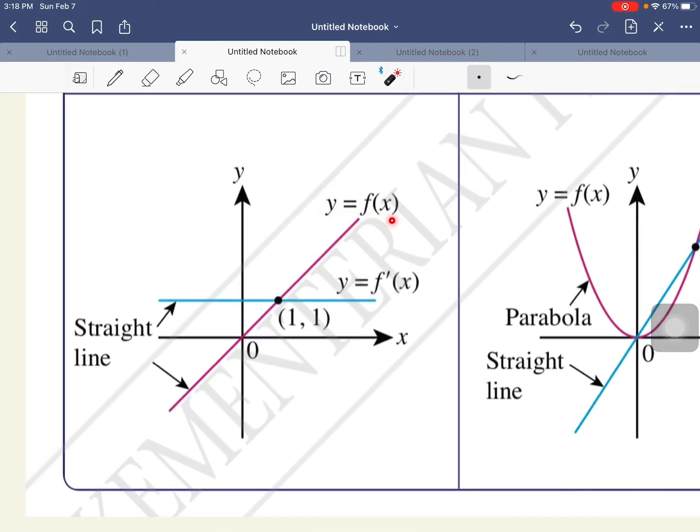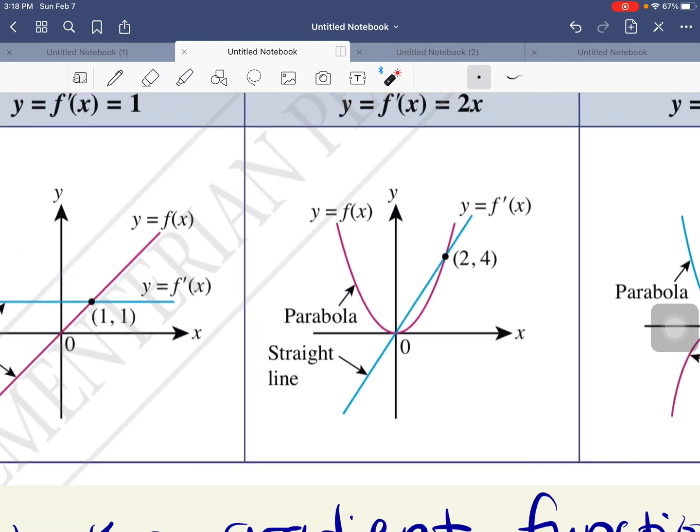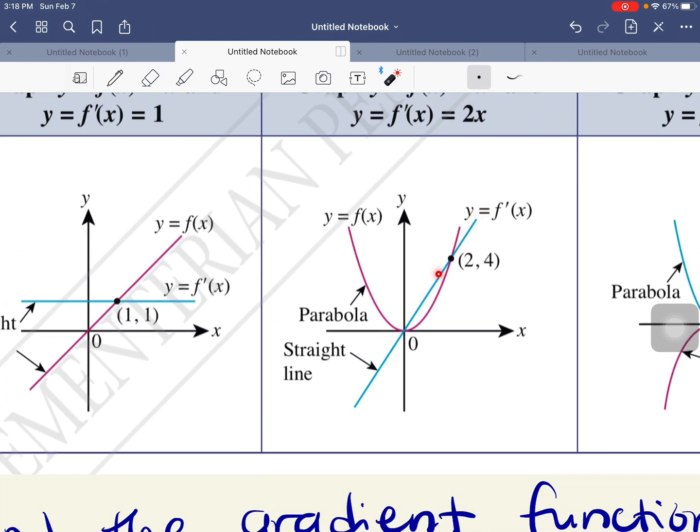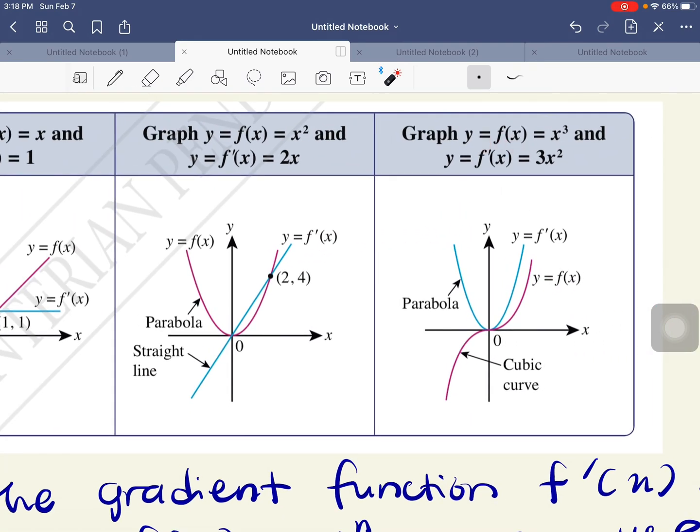This is the beginning function, the function given, y equals f(x). If the question gives you just the function, and now we want to find a point, we can find that point if we differentiate this function. Same goes with this one. We can find the gradient function for that function. This is the actual function, this parabola. We can find its gradient function, the straight line that touches the graph of the function, by differentiating. The same goes for the cubic function like this. So y equals f(x) here is the cubic function.